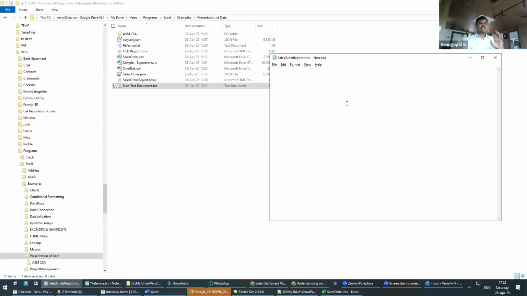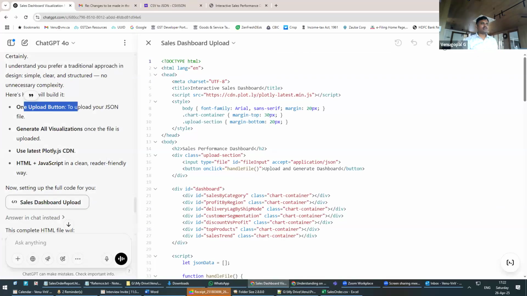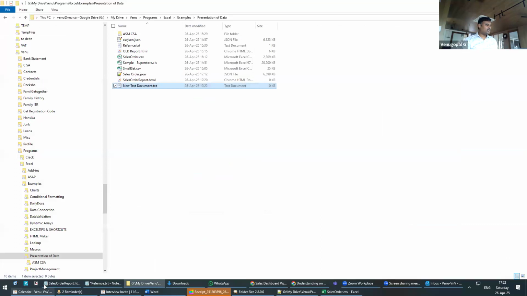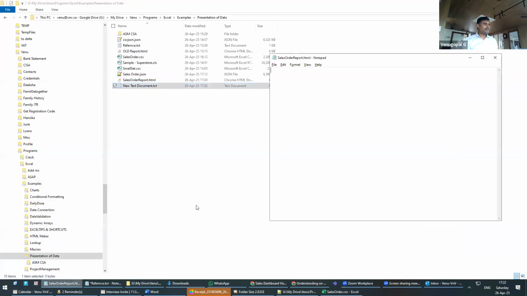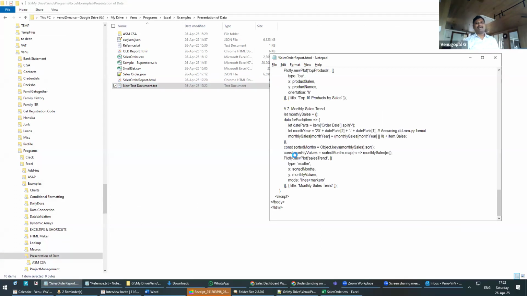In this .html Notepad file, all that I am doing is taking the code which is written here. I have just copied the code, I am coming to this HTML and pasting this code. That's all I'm doing, Control-C and Control-V.